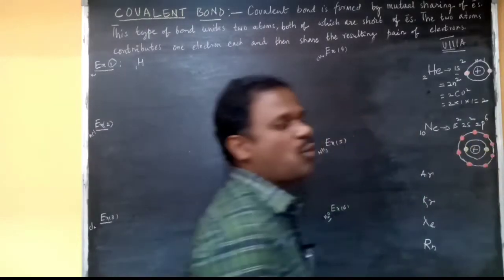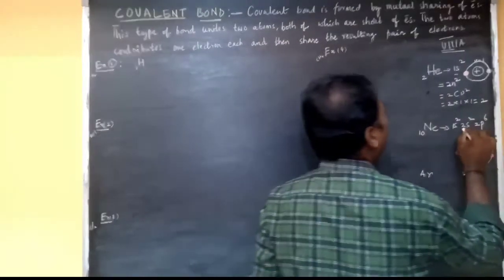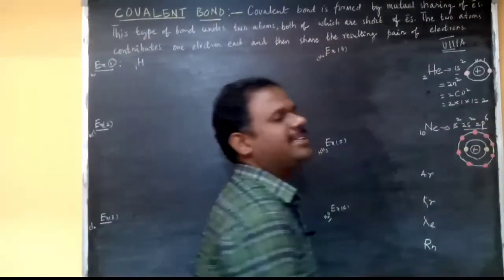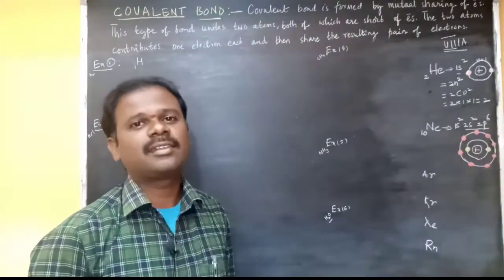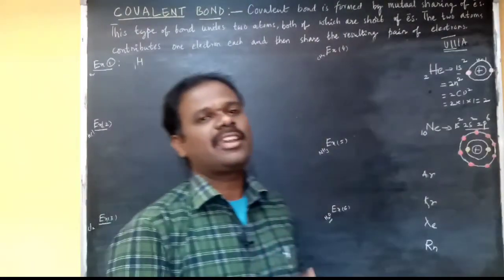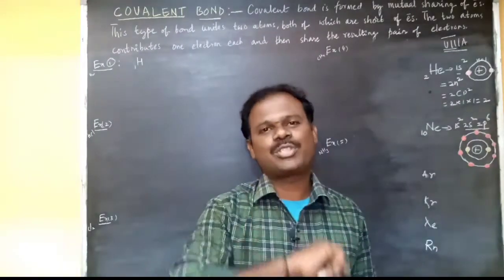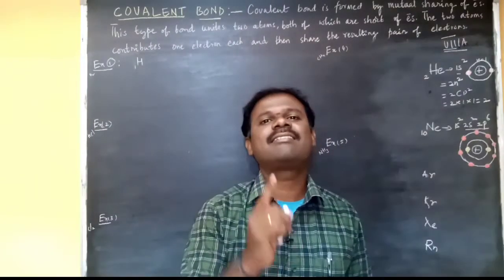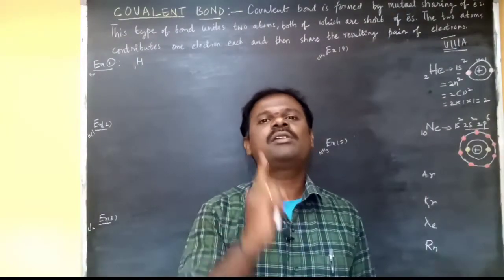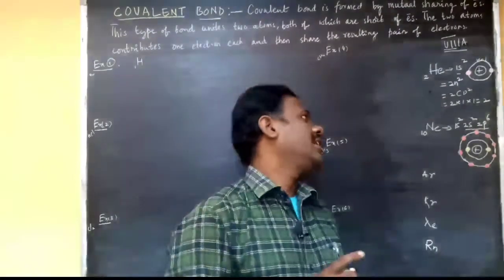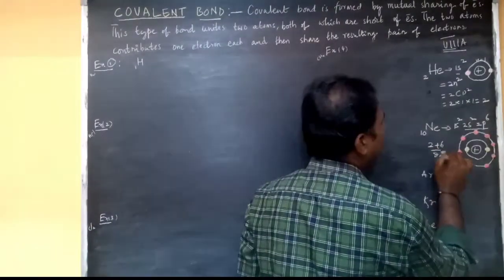According to the octet rule, if an atom has 8 electrons in the outermost shell, in the valence shell, then it is said to be more stable. In neon we have 2 plus 6, equal to 8 electrons.